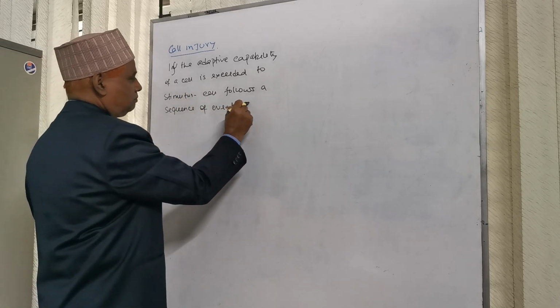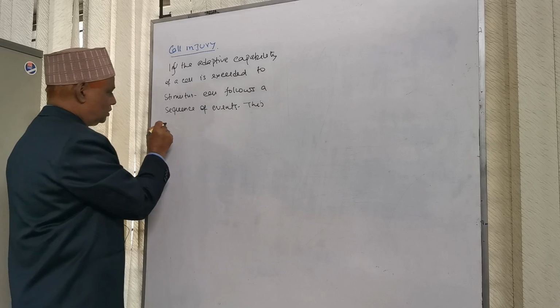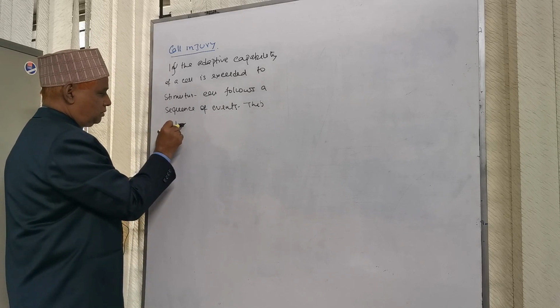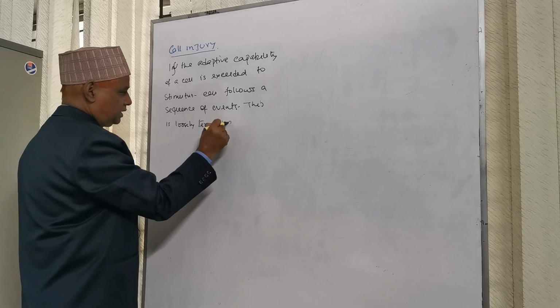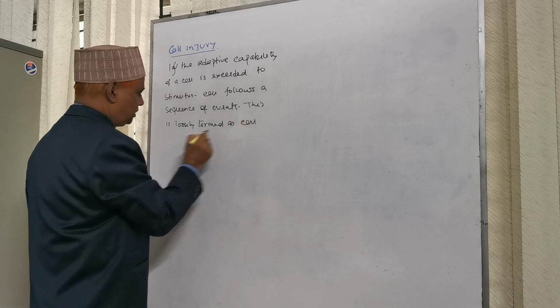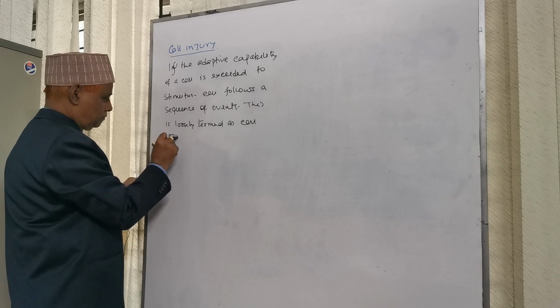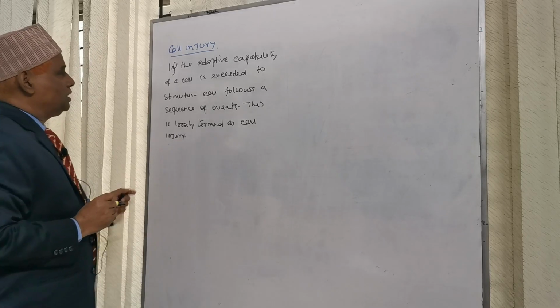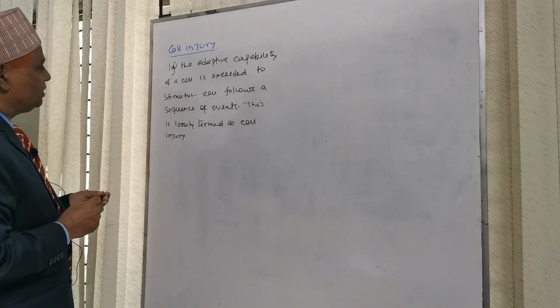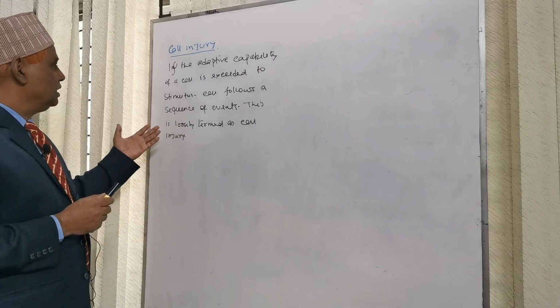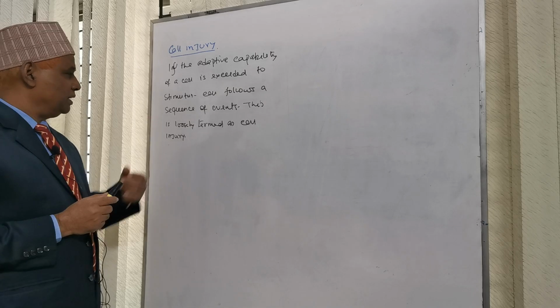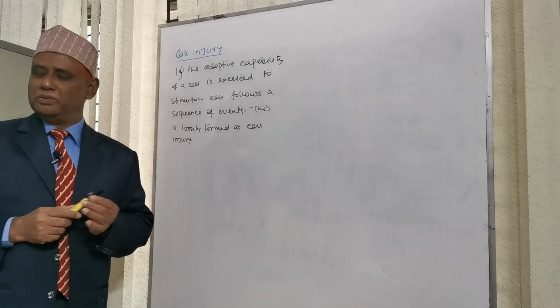This is loosely termed as cell injury. So again we recall, if the cell can adapt, this is cellular adaptation. If the cell cannot adapt to the situation, it follows a sequence of events. This is loosely termed as cell injury.